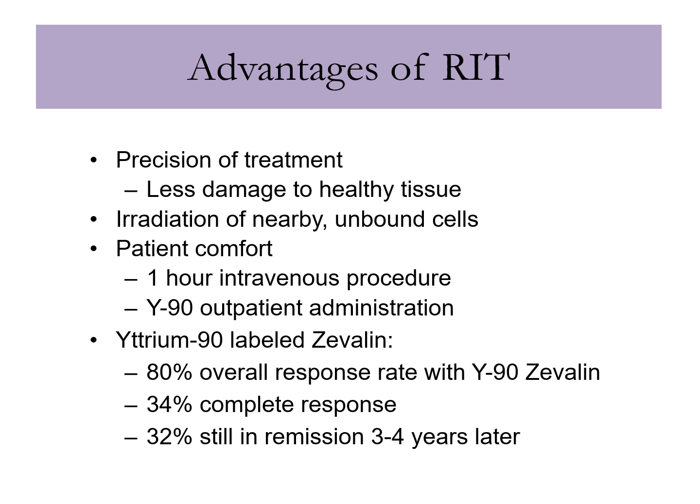Patient comfort is just 1 hour intravenous procedure with outpatient administration because it used the beta properties of yttrium-90. So in terms of yttrium-90 labeled Zevalin, 80% overall response, 34% complete response, and 32% still in remission 3 to 4 years later.